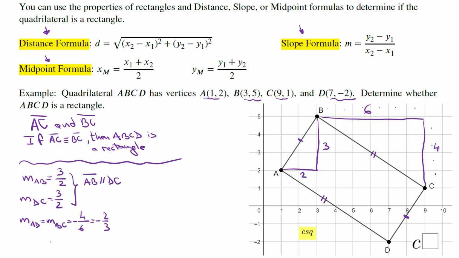So now we know that AD is parallel with BC.